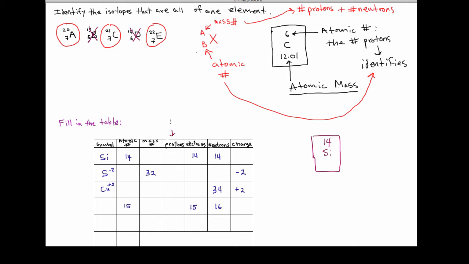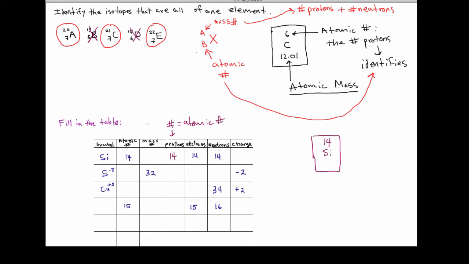All right, because remember, the number of protons is equal to the atomic number. And we already know the atomic number is 14, so there's 14 protons in silicon. Moving along, it also has 14 electrons, and they've provided us the information that tells us that there's 14 neutrons.